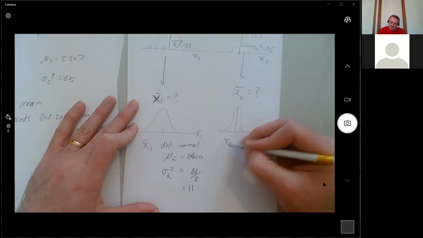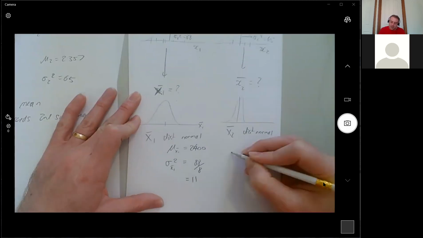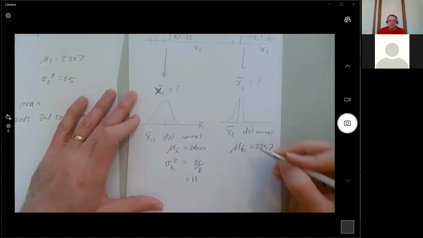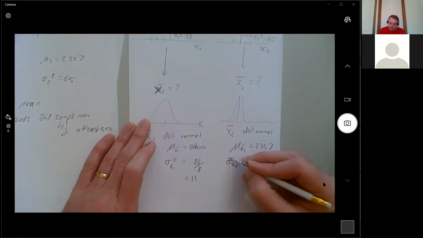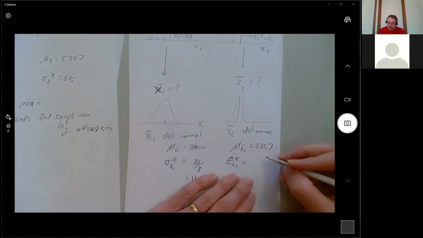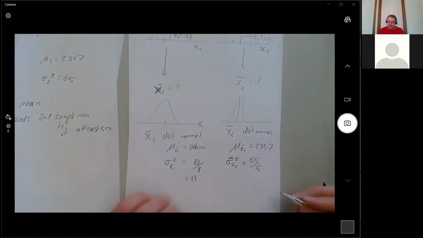So x2 bar should be distributed normally. The mean of x2 bar should be the same as the one for x2 without the bar, and the variance should be the old variance divided by the number of things, and so that's going to come out to 13.